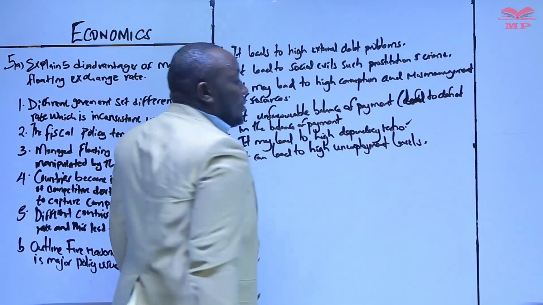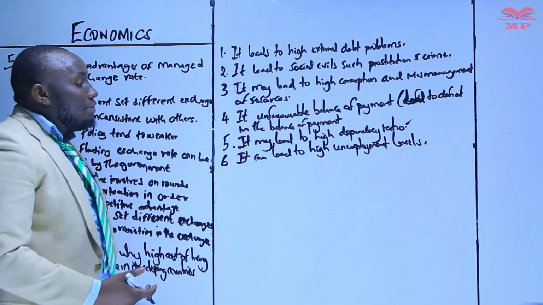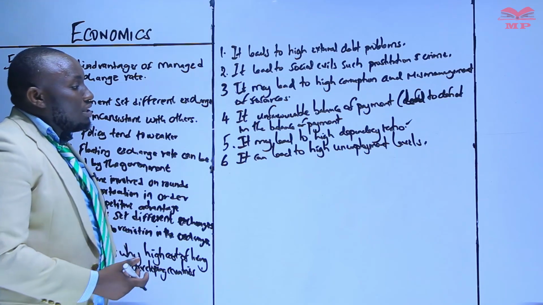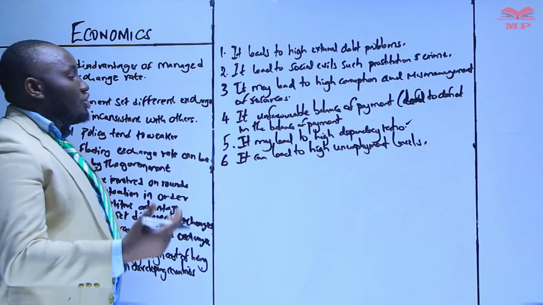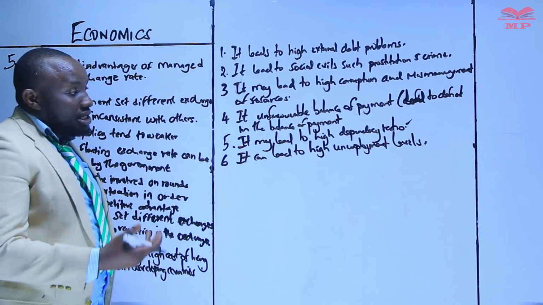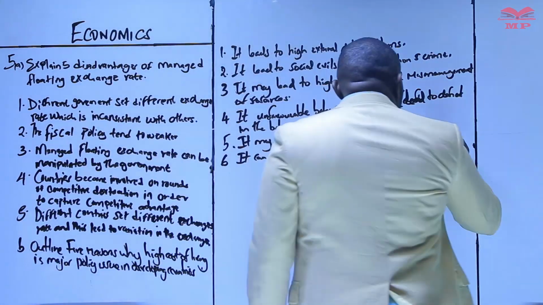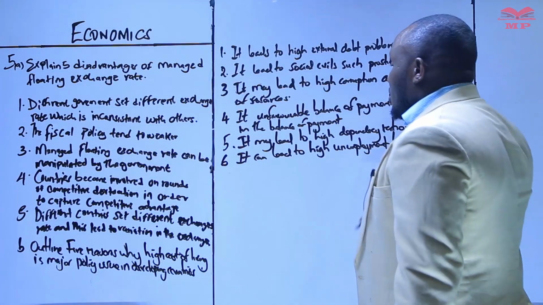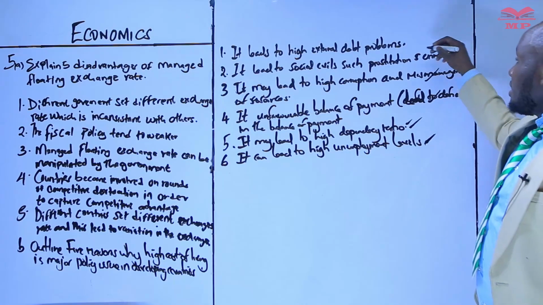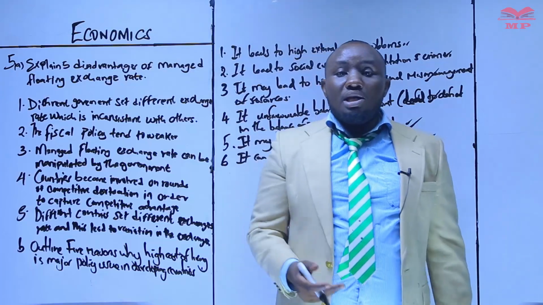If there's a high amount required to cover basic expenses, money has no value, and the majority of people will not be having jobs. So we can talk about high unemployment level in the country. Those are the reasons why high cost of living is a major policy issue in developing countries. And that is how we tackle that particular question.